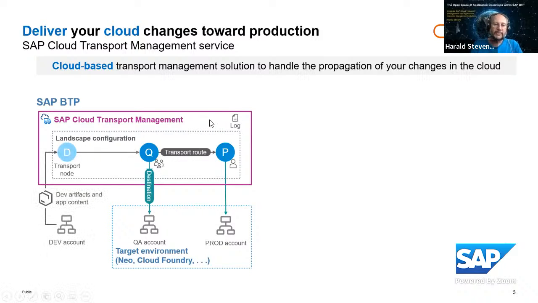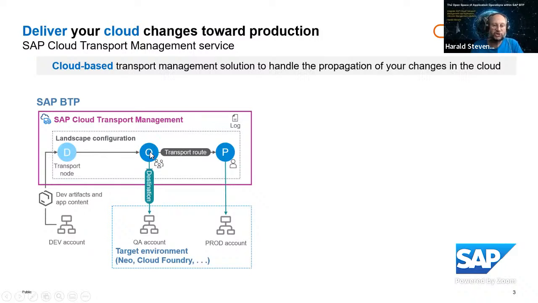And then if we talk about using the overall landscape, we start with some creation of artifacts or change of the artifacts or content in a development environment, generally speaking. And then we upload that content to transport management, create a transport request from there, and this transport request moves through your landscape.